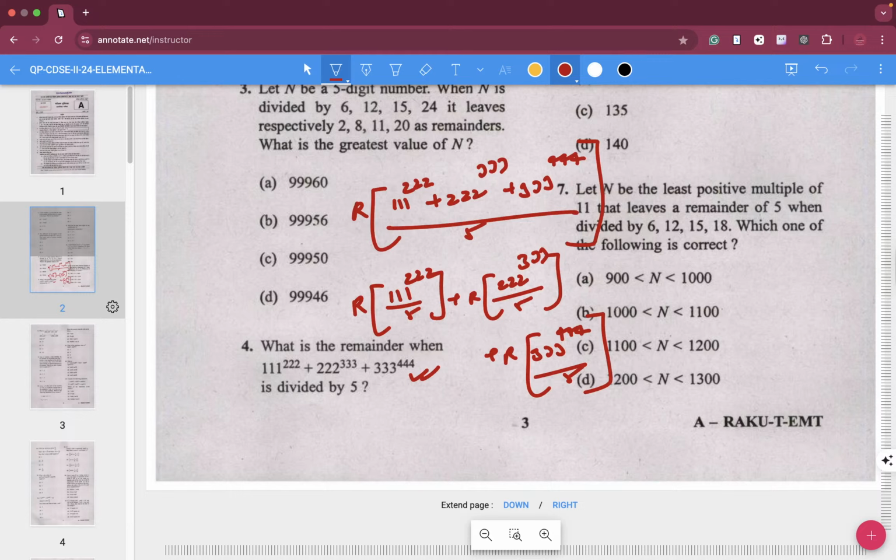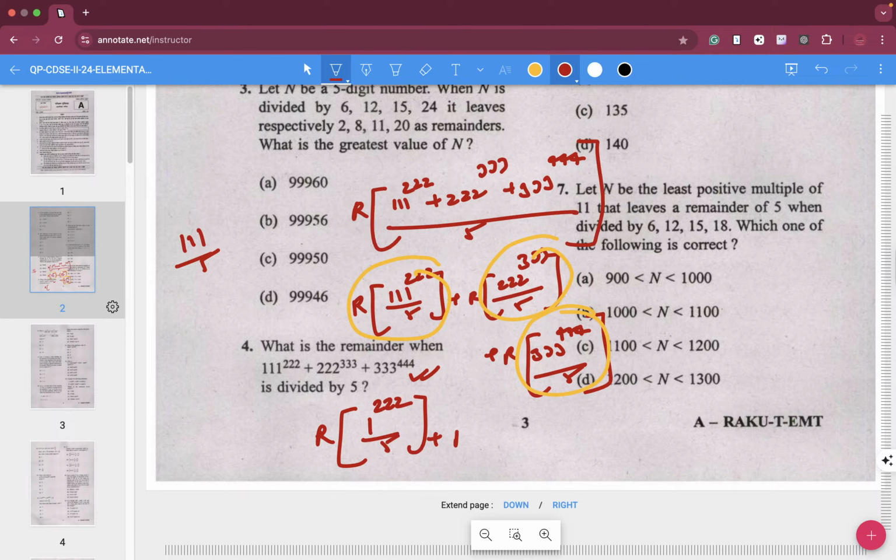If you look at this carefully, we can simply write the remainder of 111 divided by 5. 110 is divisible, so the remainder is 1, giving 1 raised to the power 222 divided by 5.